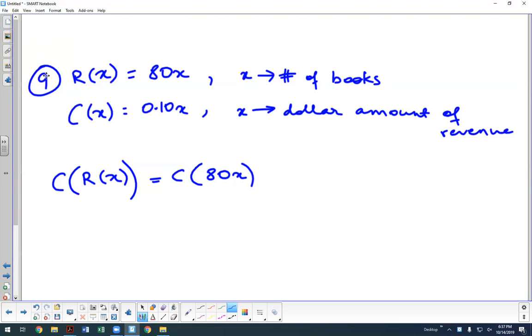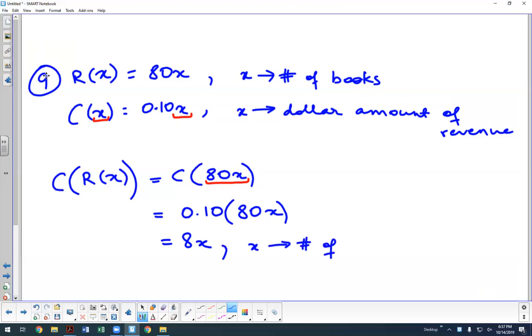And then again, that 80X is going to replace the X inside our commission function, which will come out to be 0.10 multiplied into 80x, but now remember your x represents the number of books because it's coming in from the revenue function, and it's going to become 8x, and here the x, technically, should be the number of books sold.